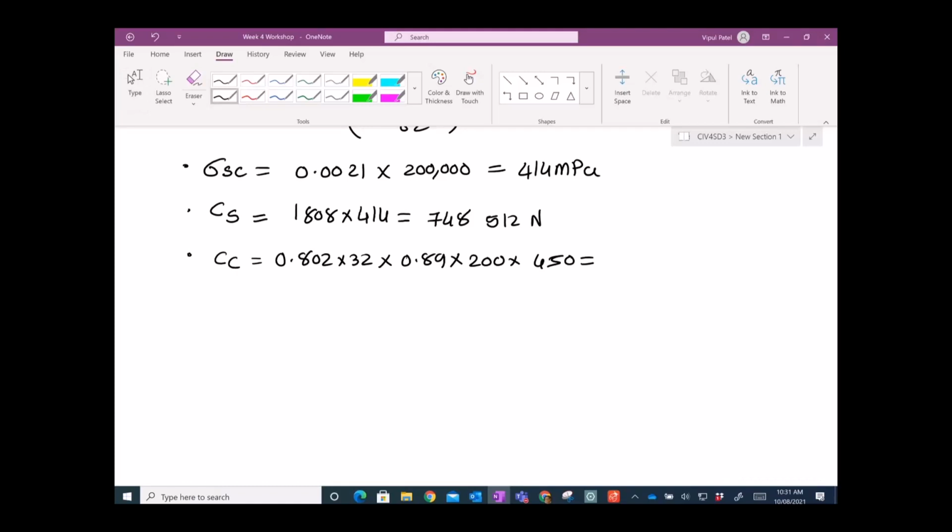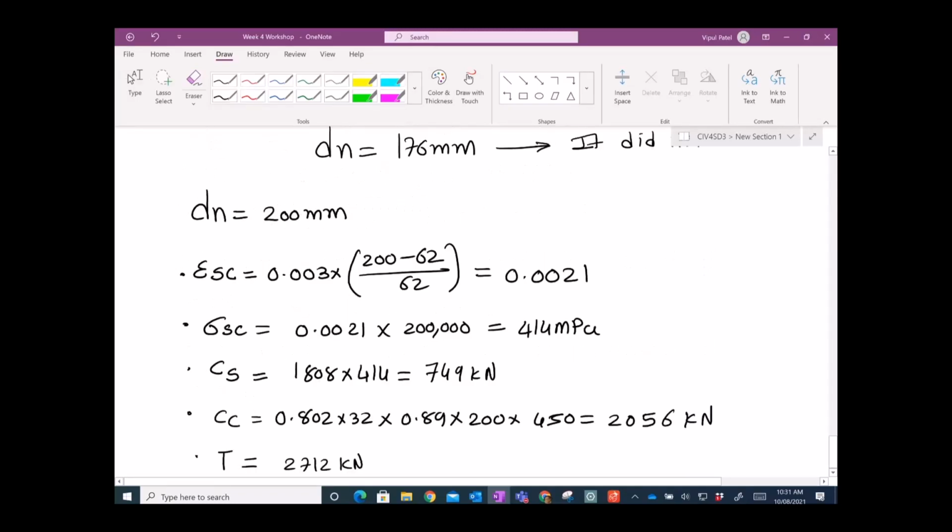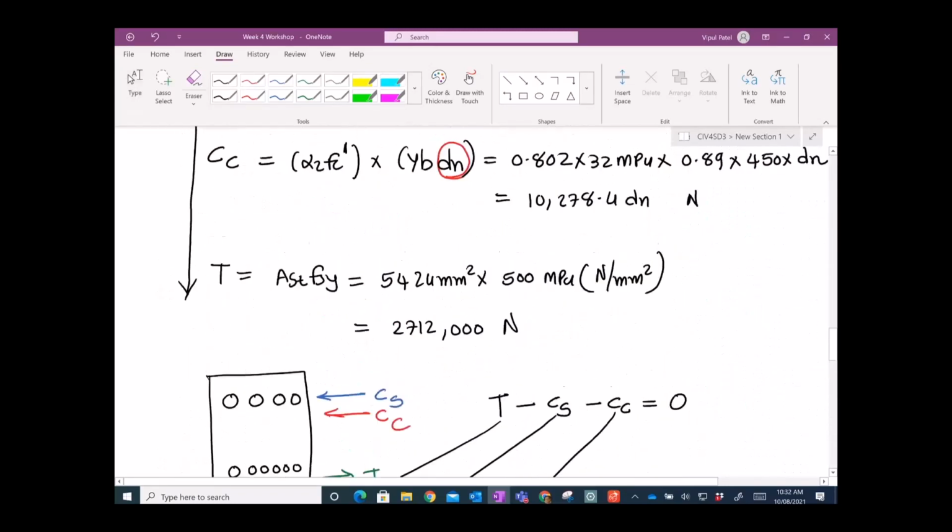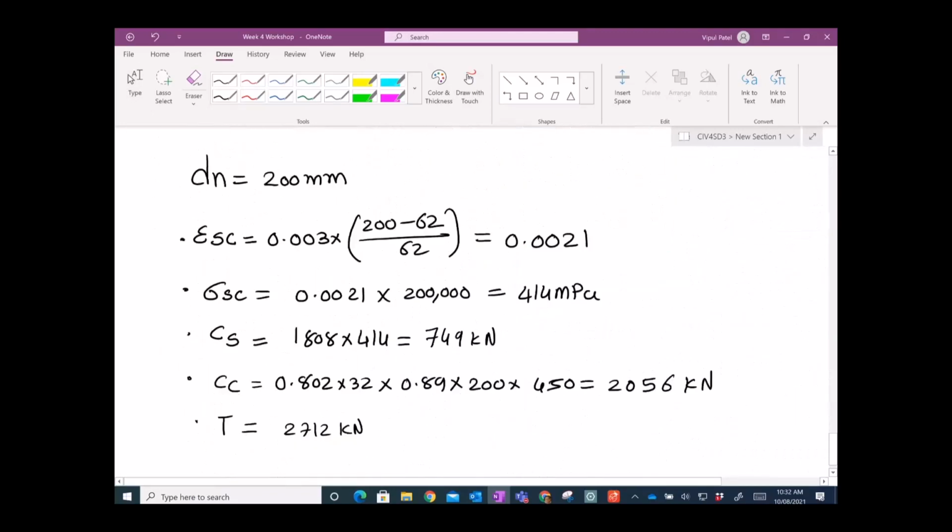Let me put this one in kilonewtons, so that makes 749 kilonewtons. 749 kilonewtons is just divided by 1000. So, okay, if you get the big number in the calculator, you can just put it as 2056 kilonewtons. Just divide by 1000 to write it easily. And the tension force does not change, it's 2712 kilonewtons. The same one that we did last time, the 2712, will be the same.